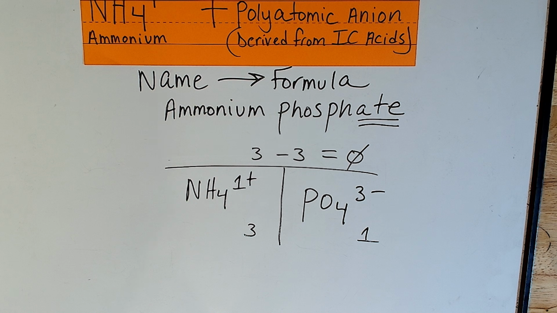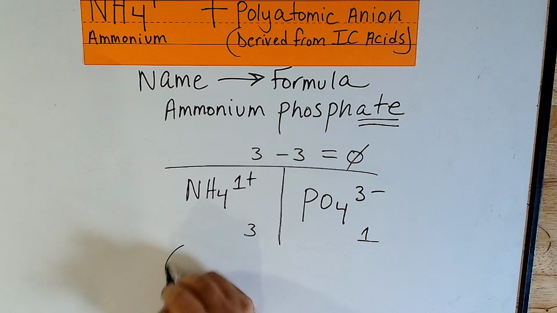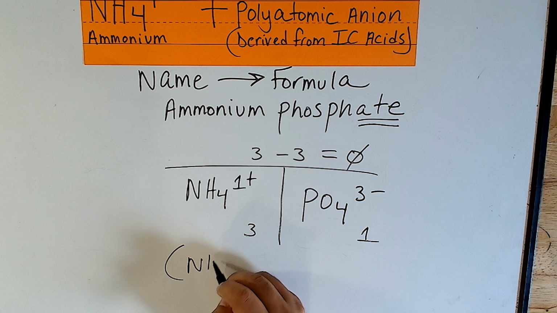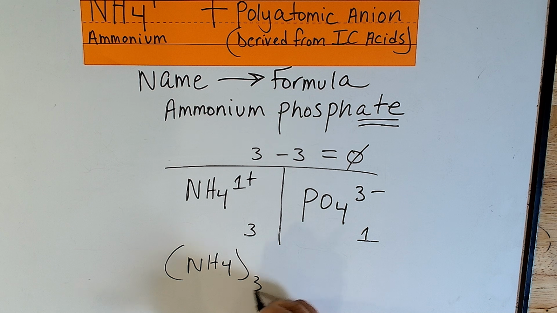Now, remember that after you cross multiply, if a subscript of 2 or higher is transferred to a polyatomic ion, you need to place the polyatomic ion in parentheses and write the subscript outside the parentheses. So I see a polyatomic ion. I'm going to place parentheses and put the polyatomic inside, and put the subscript outside.